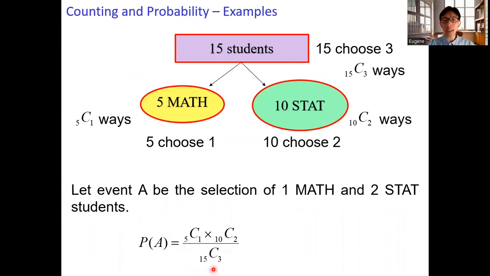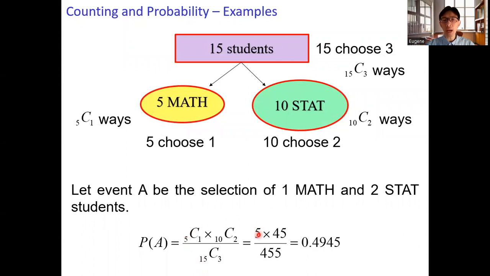And then in the denominator, 15C3. This is the total number of ways we can choose 3 students out of 15 students. So the probability of this event A is equal to these expressions.